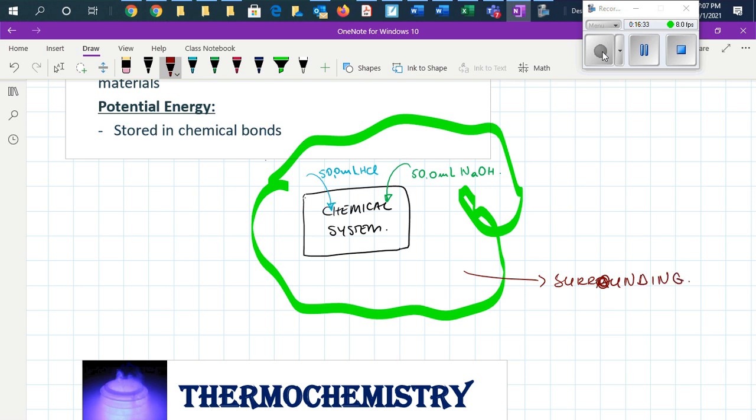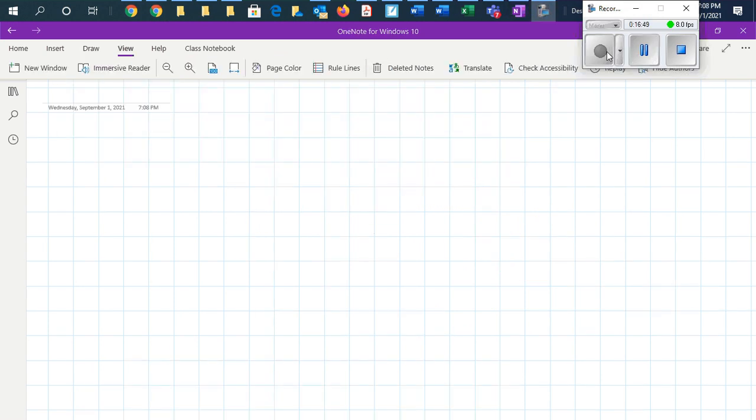Okay, so now the first law. There are three types of systems accepted in science. The first is known as the open system.